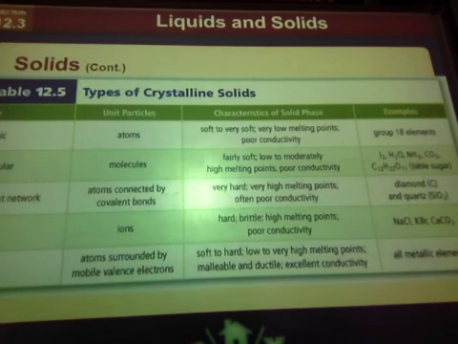Now the difference between molecular versus covalent network, because molecular compounds have covalent bonds, so what's the difference between those two? A covalent network is something that can form multiple covalent bonds, and they're pretty rare in terms of how many covalent networks I have, but very common example ones are with carbon and with silicon.